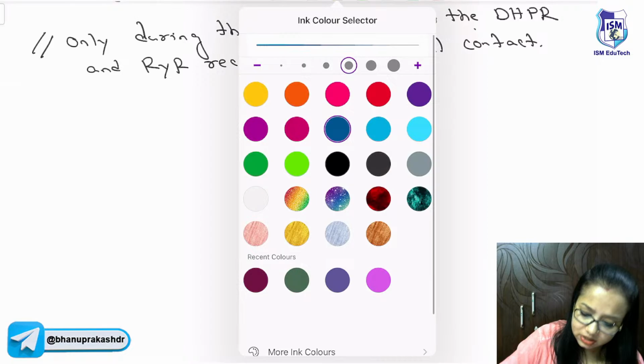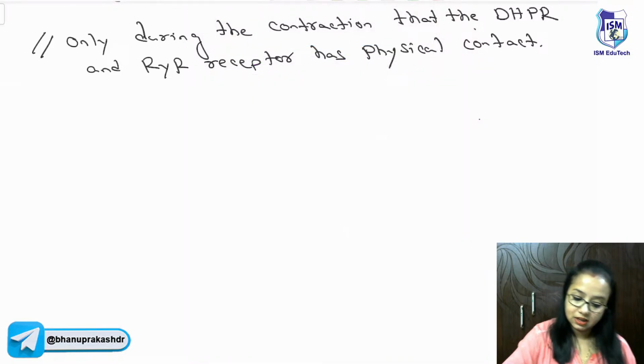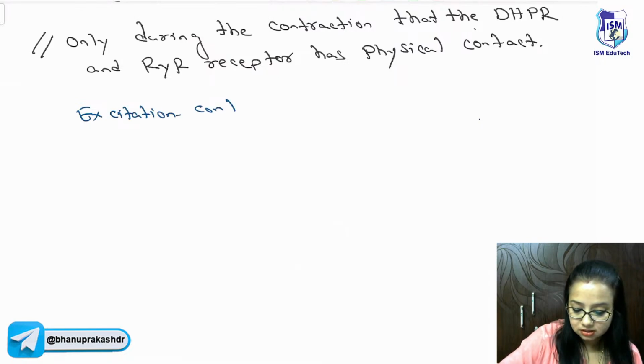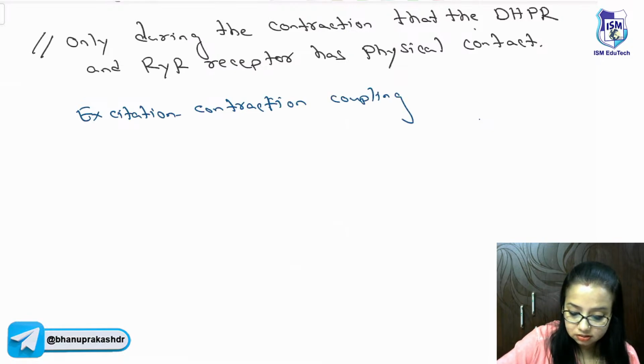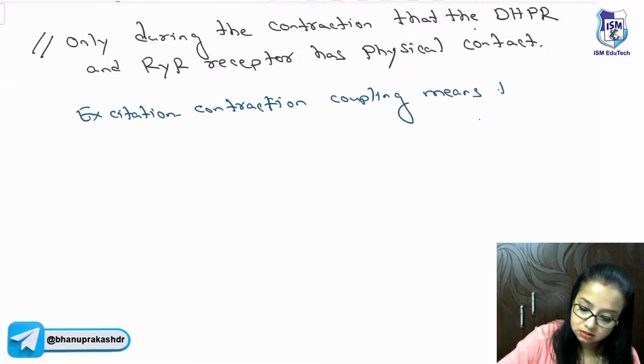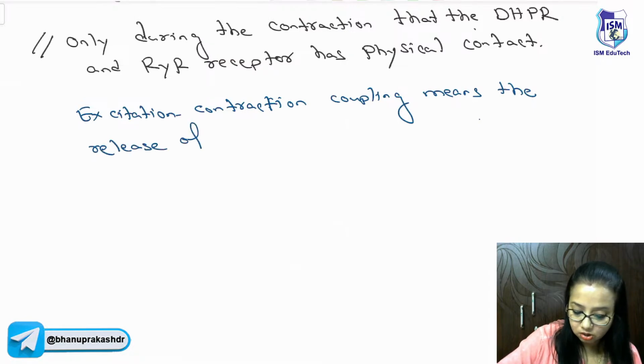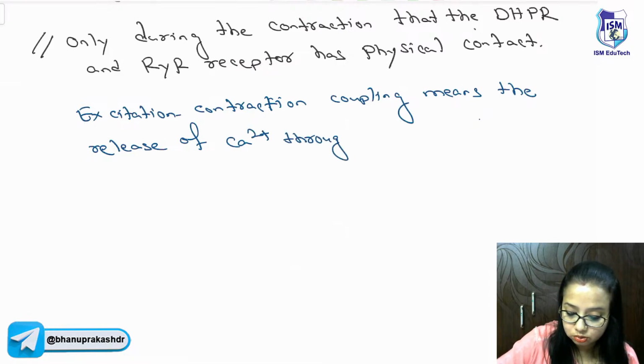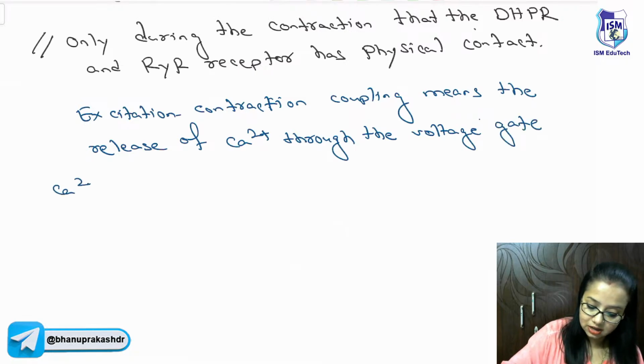Therefore, what exactly is excitation, contraction, coupling? Excitation, contraction, coupling means the release of calcium through the voltage gated calcium channel. Now, what is the voltage gated calcium channel?